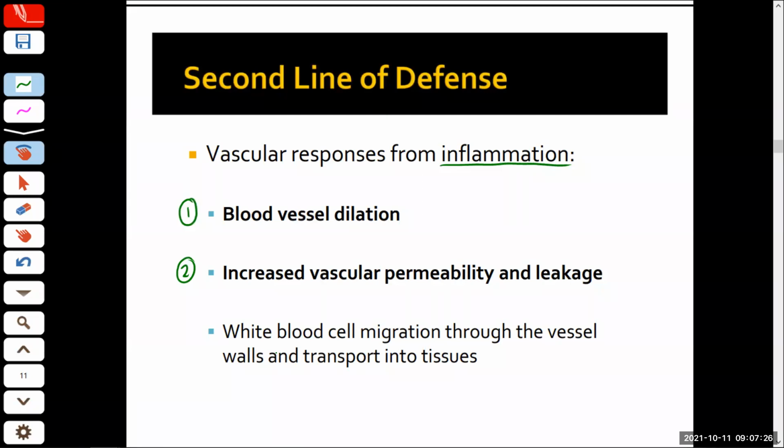Why, if I cut my finger, why do I want my blood vessels to vasodilate? To get more cells there. More cells, more fluid, more blood. So I'm going to say blood vessel dilation for increased perfusion. And we're good with the term perfusion, yeah? Okay. Why would I want to increase vascular permeability?